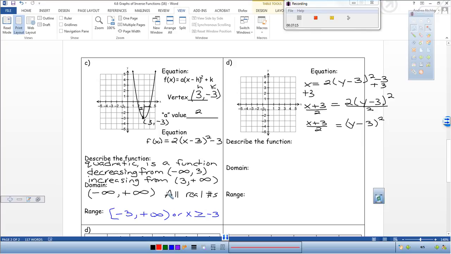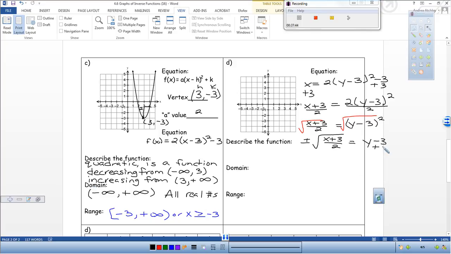Now what? Square root. Let's square root. Okay, so then I'm going to get plus or minus the square root, x plus 3 all over 2 equals y minus 3.